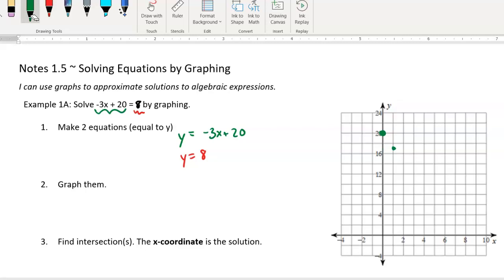Now we want to be more accurate. Technically, I only need 2 points to make a line. If you have a straight edge, you could use it to connect these and be real accurate, but I don't have a straight edge right now, so I'm going to come up with more points on my line by continuing with the slope. So we're going to go down 3, so this would be down 1 to bring us down to 16, and then 2 more would bring us down to 14 and over to the right 1. Our x-axis is counting by 1s, but our y-axis is counting by 2s.